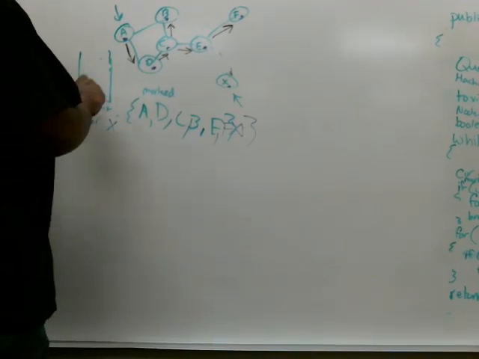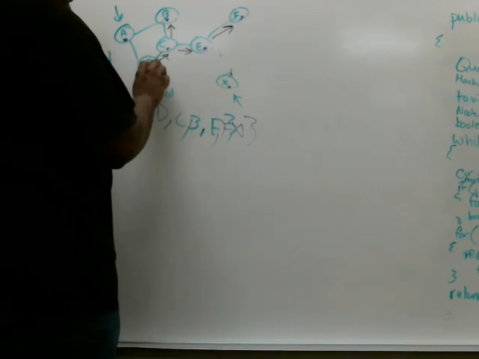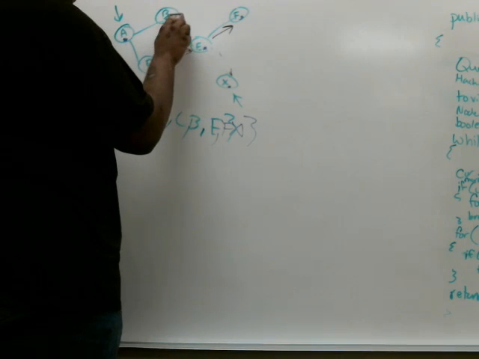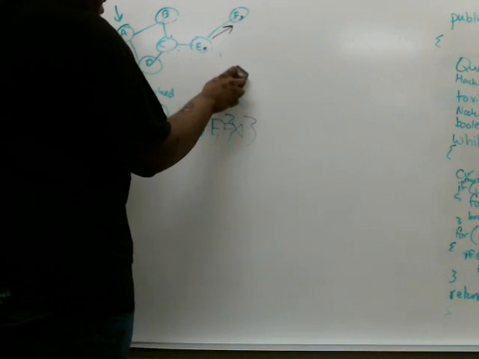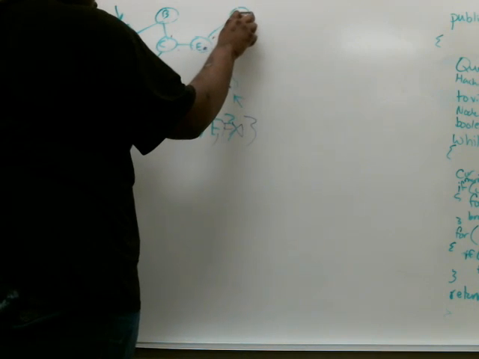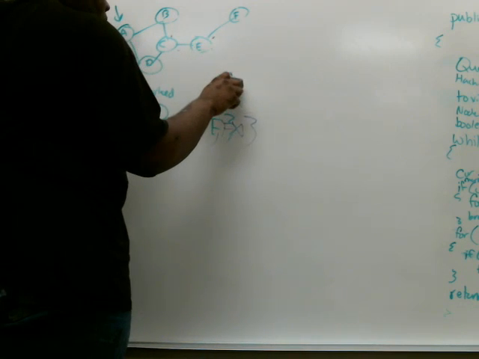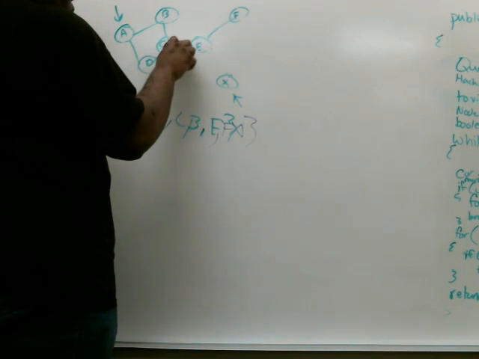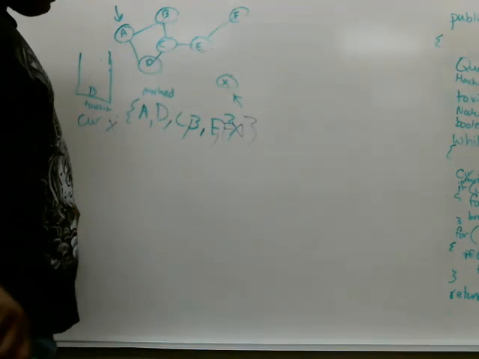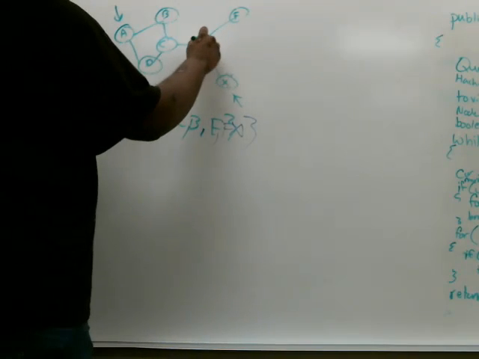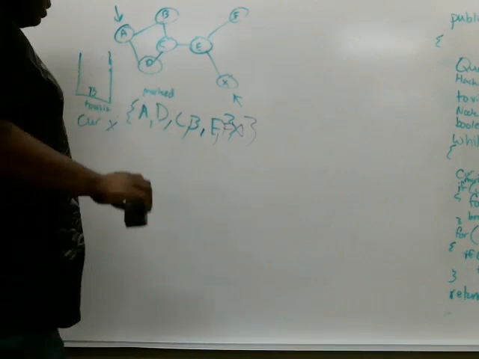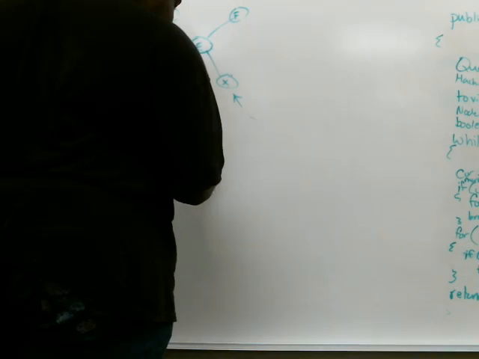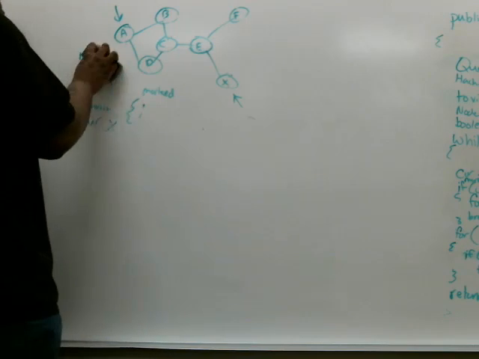Okay, so we're going to use the same graph. Erase it first. Same graph, same parameters, except this time we are going to use a queue and not a stack.